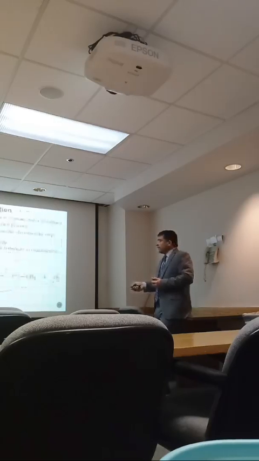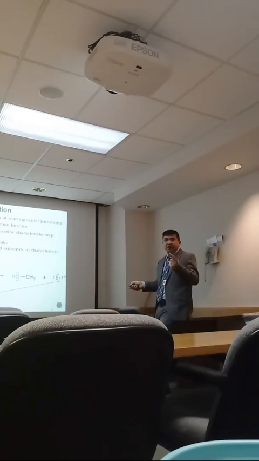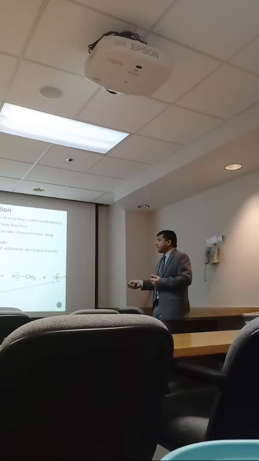So we have this hydroxyl, and it's called nucleophile. Why nucleophile? Because it is thirsty for the proton. It is rich of electrons. It is reacting to this molecule, CH3Br, methyl bromide.